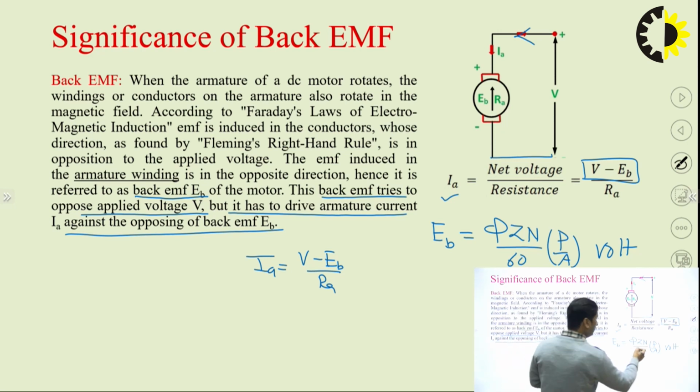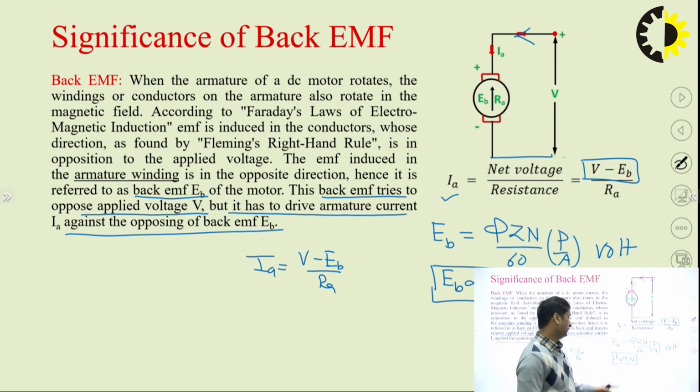And back EMF, because we know that poles are constant, the parallel paths are constant, conductors are constant, and the flux is almost constant, is proportional to the speed. So back EMF is proportional to the speed of rotation of the armature.